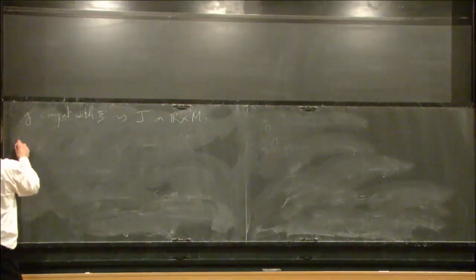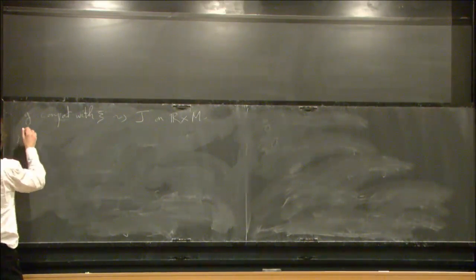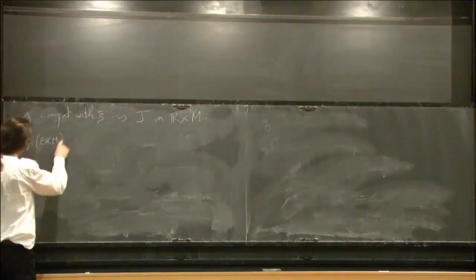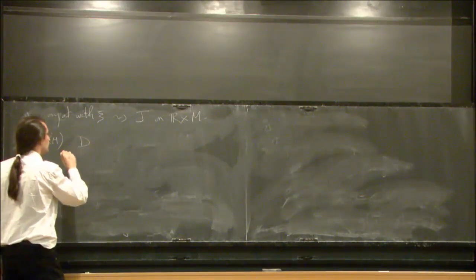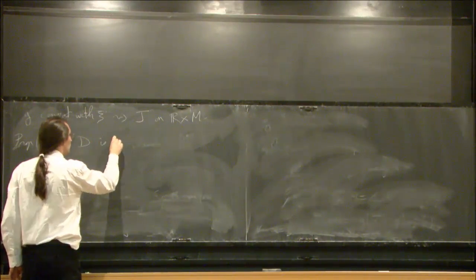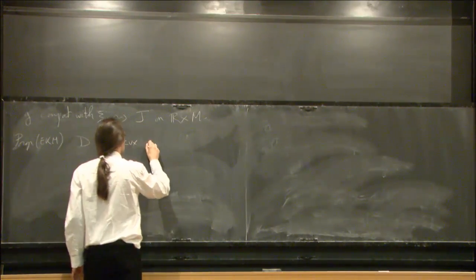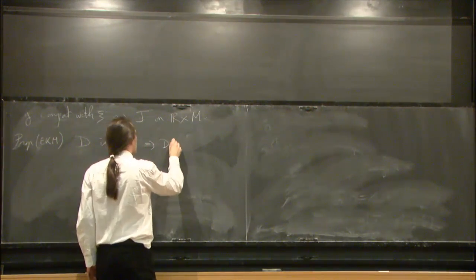And with the following proposition, or lemma, that we also proved in this paper: if D is g-convex, then D times R is J-convex.